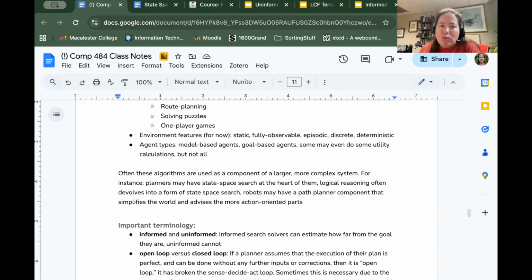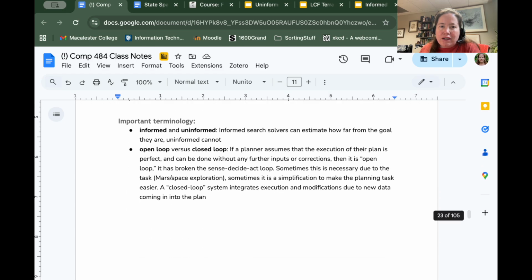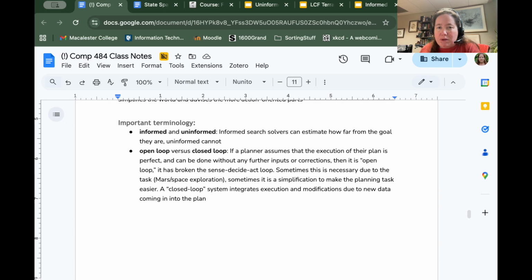All right, there's some important terminology here that I would like you all to keep in mind as we go forward. We'll use these terms over and over. First of all is that we divide these state space search algorithms into two different categories. There are different terms that get used. I'm going to use these: informed and uninformed.